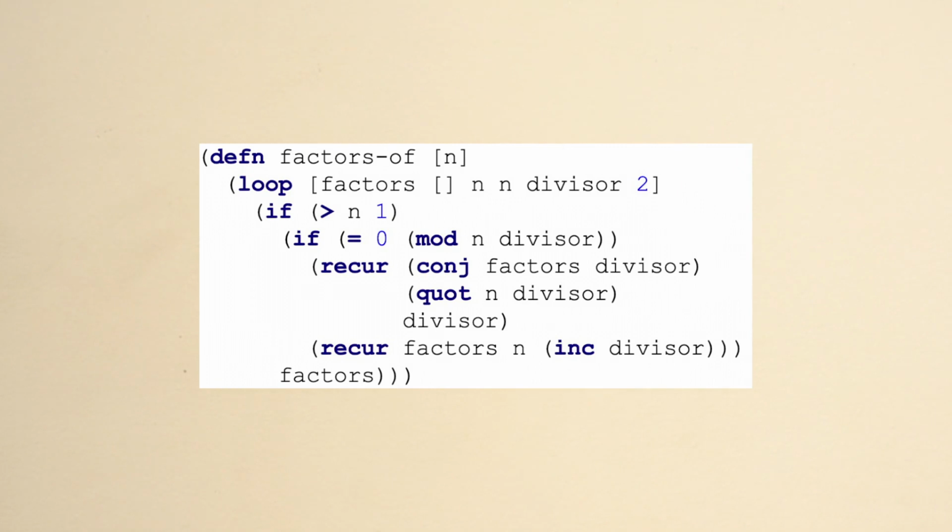Otherwise, if our current n is divisible by the divisor, then we recur with the divisor added to the factors, n divided by the divisor, and the current divisor. Otherwise, we recur with the current list, the current n, but the incremented divisor. Now think that through a few times and convince yourself that it works.